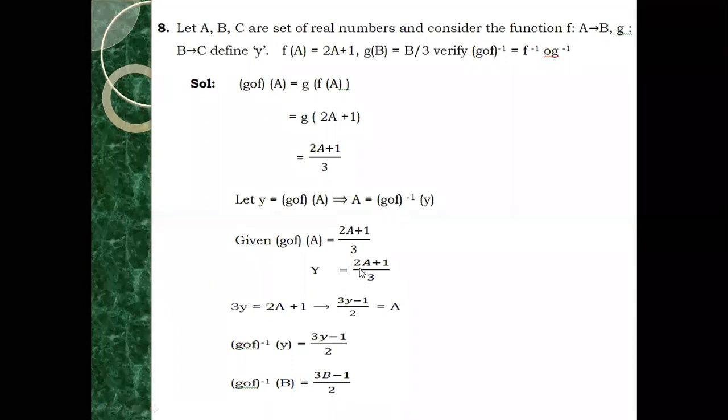From this we derive the a value: a is equal to (3y − 1)/2. But the a value is equal to (g∘f)⁻¹(y), which is (3y − 1)/2. Now we replace y by b, so (g∘f)⁻¹(b) is equal to (3b − 1)/2.